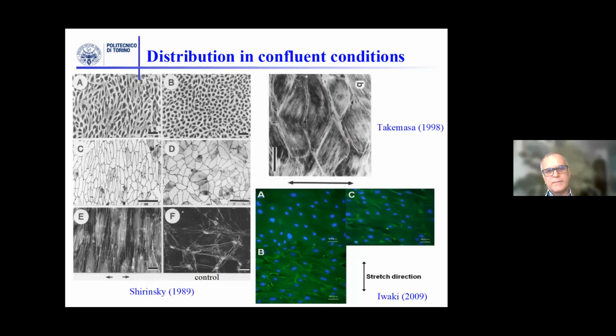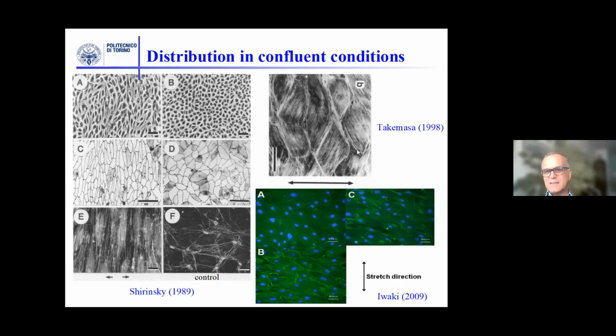The same thing occurs also in confluent conditions, for instance, the arterial walls. On the left, you can see cells that are oriented perpendicular to the stretch direction. Of course, it's much harder to see cells that are oriented in oblique directions because patchworking them is not very easy.